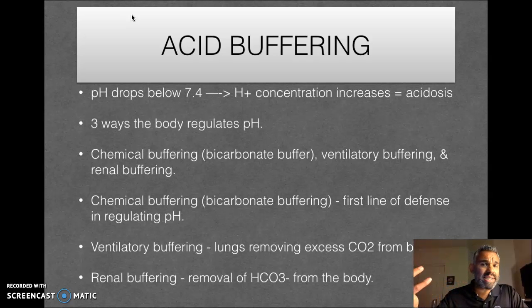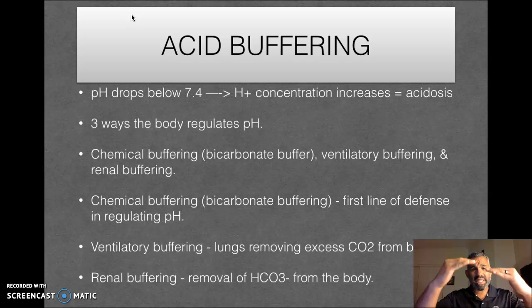However, through high-intensity exercise, vigorous exercise, with lactate accumulation increasing in our blood, that has the potential to put us in a state of acidosis or in a more acidic state. And so there are three ways that the body regulates pH. And that quickly is through chemical buffering, ventilatory buffering, and renal buffering.